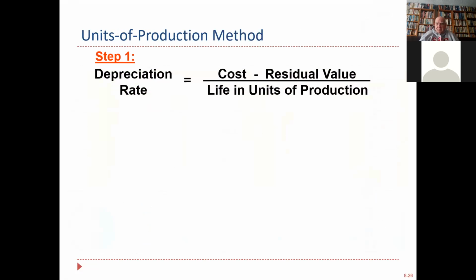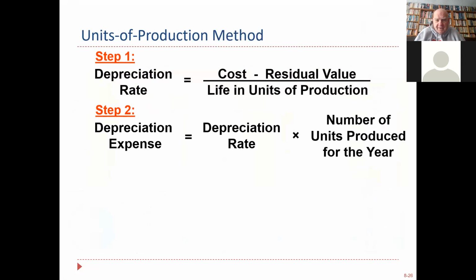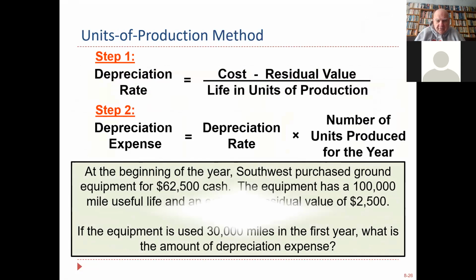Okay. Units of production. Let's take a look at this one. You bought a car and you're going to estimate the depreciation on, say, the miles. So here we're working with the same 60,000, but we're going to divide it by some kind of units. Look what we have here. We have Southwest purchasing ground equipment for 62,500.